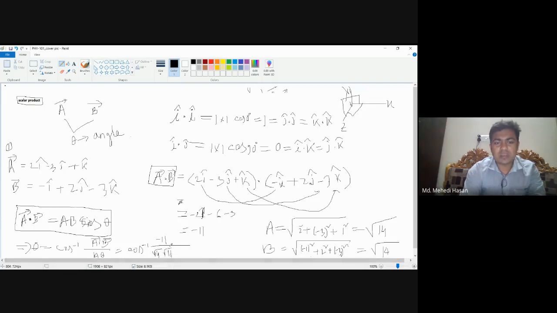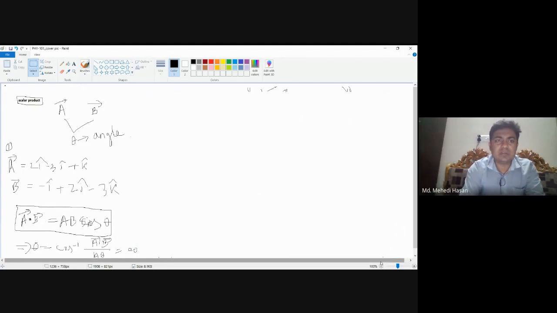Okay, so if you use the calculator, then there will be a particular angle, and the angle is in degrees. So this is the procedure to find the angle between two vectors. If the question asks you to find the angle between two vectors, you can follow this procedure.